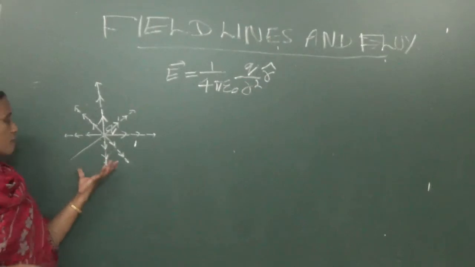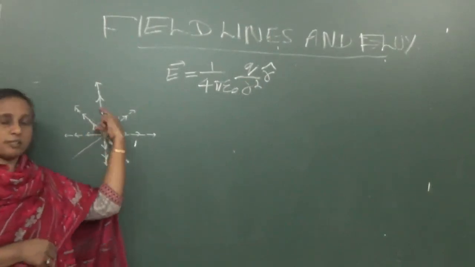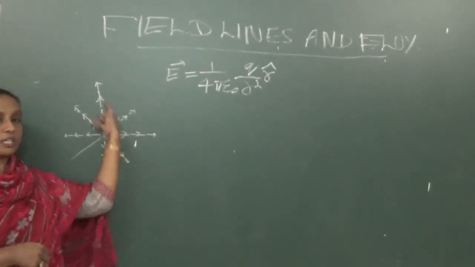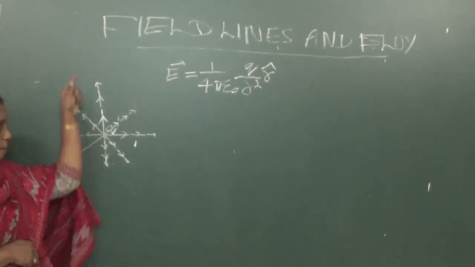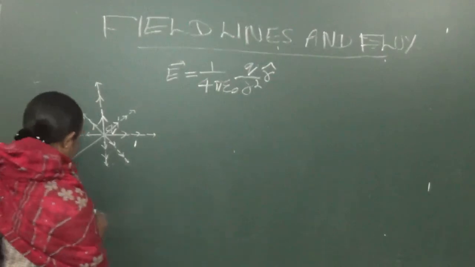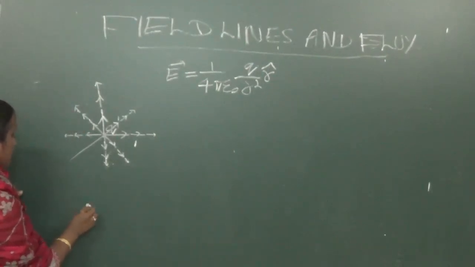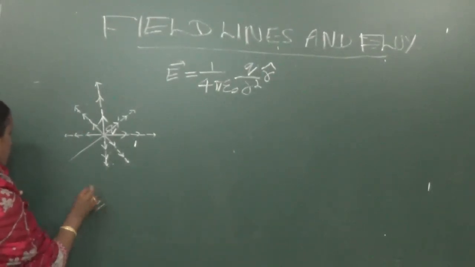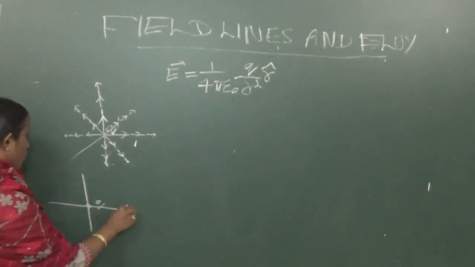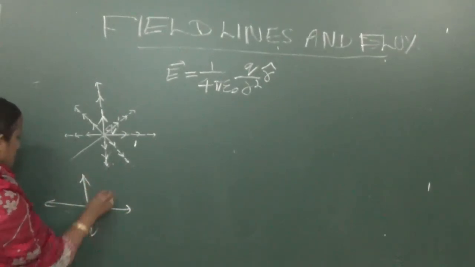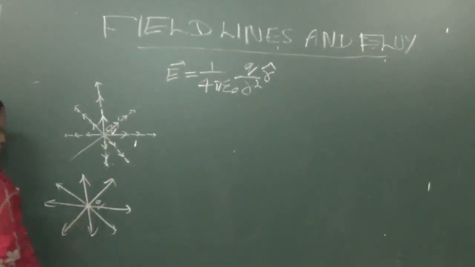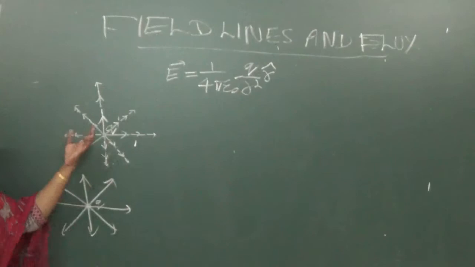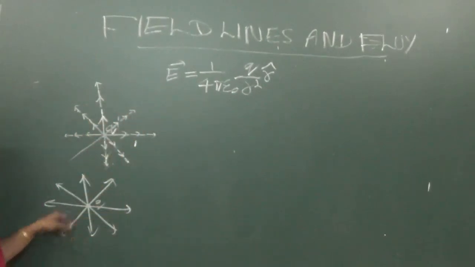Instead of reducing the arrow's length as it moves away from the charge, we can represent the field lines by single lines, just like this. This is another way of representing the field lines of charge Q. Now you feel that magnitude has no role in this figure, right?